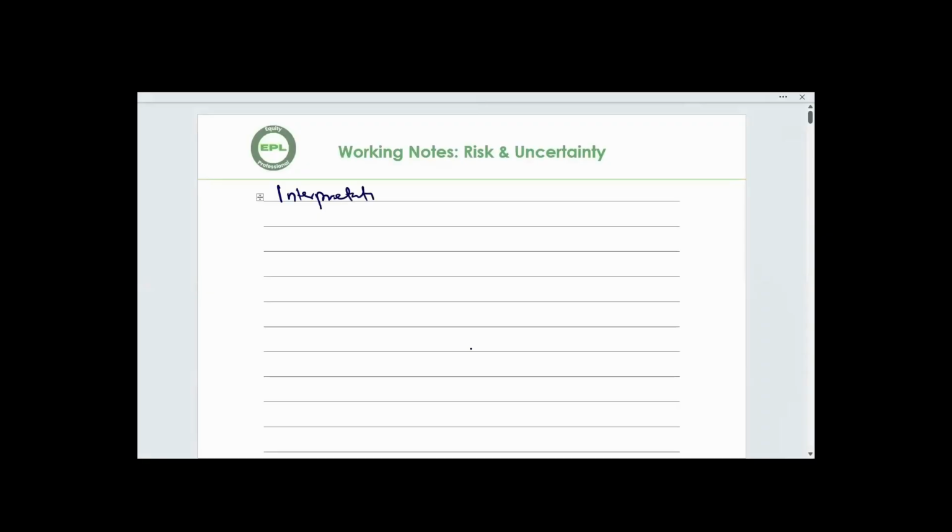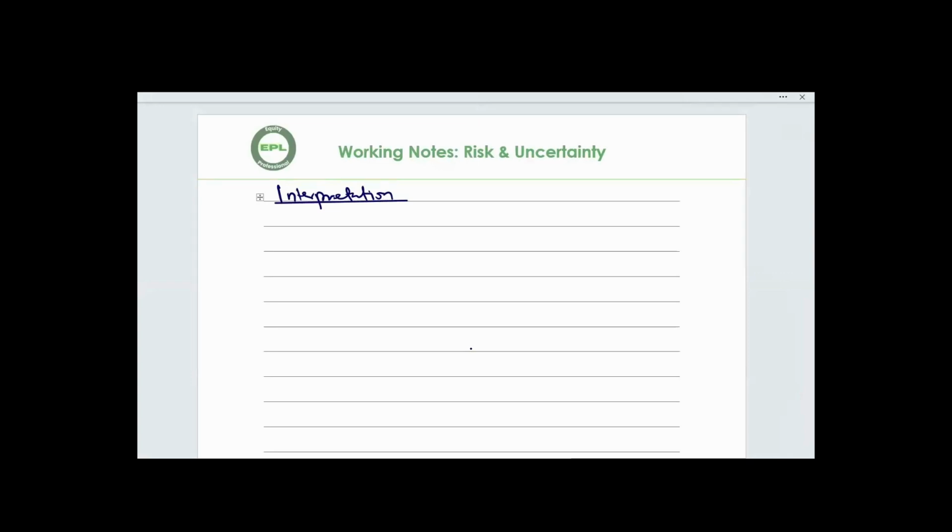Again, the examiner may not ask you to interpret, but it is implied in your question. Your calculation will be meaningless if you don't interpret what you mean by the figure that you have achieved. That's why it is important to interpret your result anytime you compute sensitivity margin.